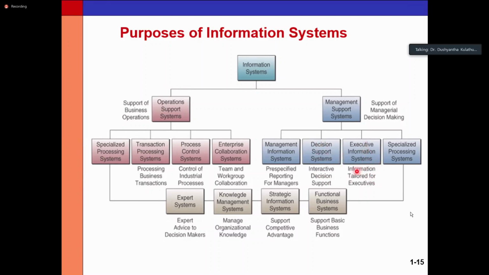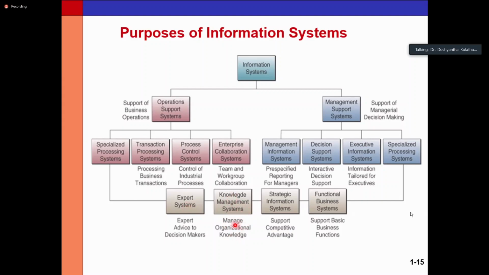Then the executive information system provides information tailored for executives or top management. Then there are specialized processing systems. Expert systems provide expert advice to decision makers. Again, these systems also support managers in their decision making by providing some expert advice, maybe providing knowledge, as well as, as I mentioned, by mining data or analyzing data in a more comprehensive manner.